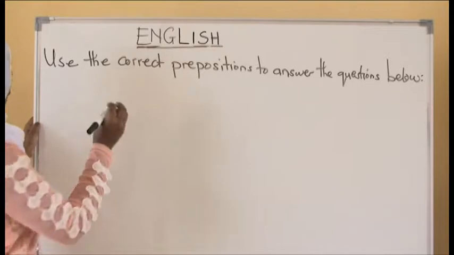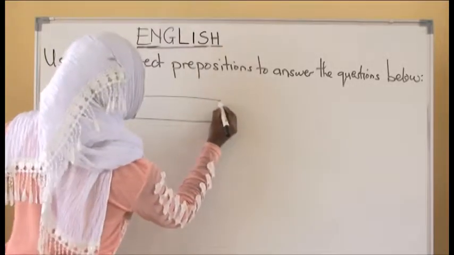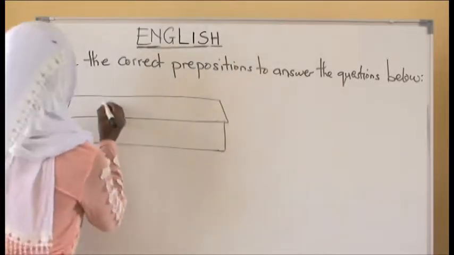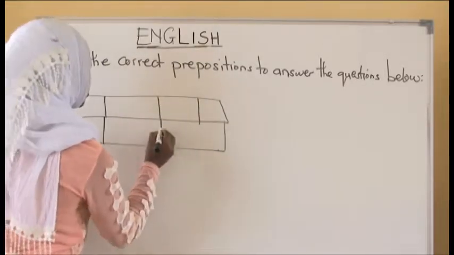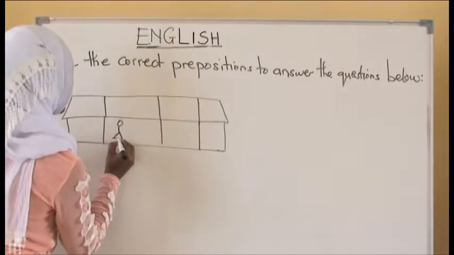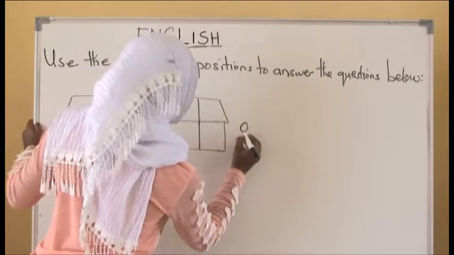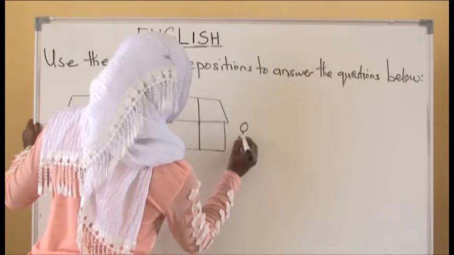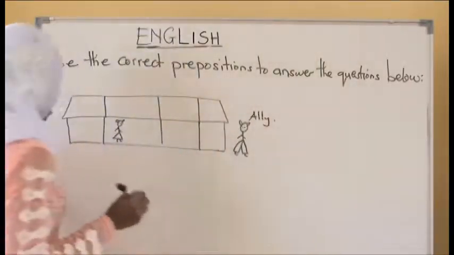And here, we had a big class, and inside we had a girl. And there was a boy called Ali standing here. This one here is Ali.